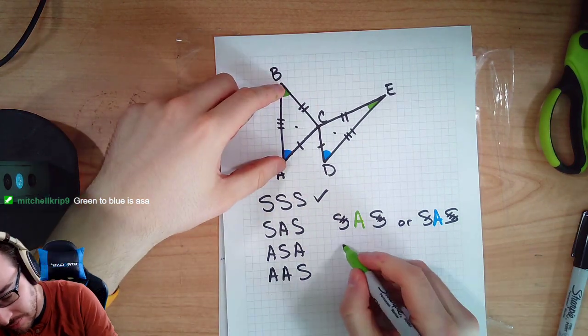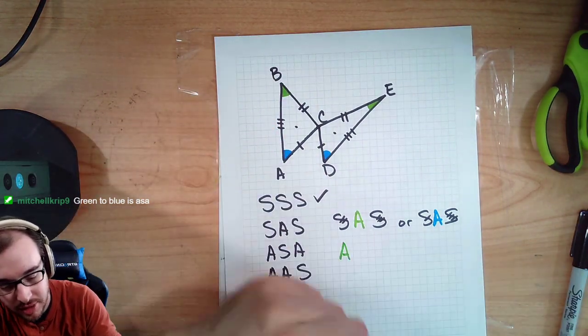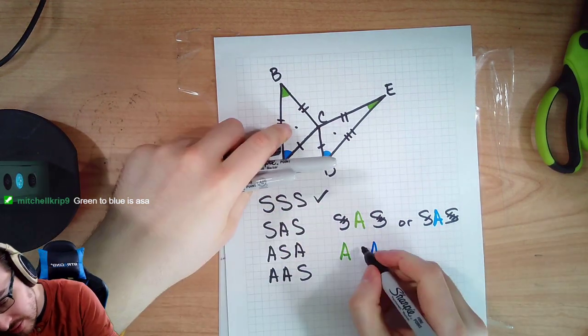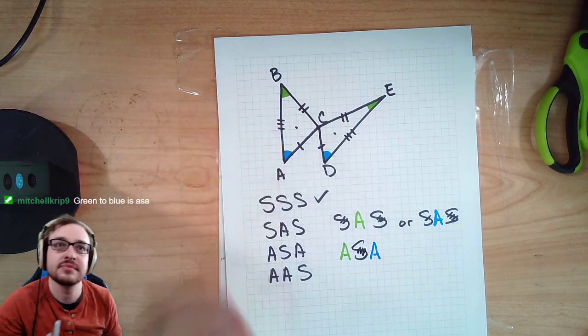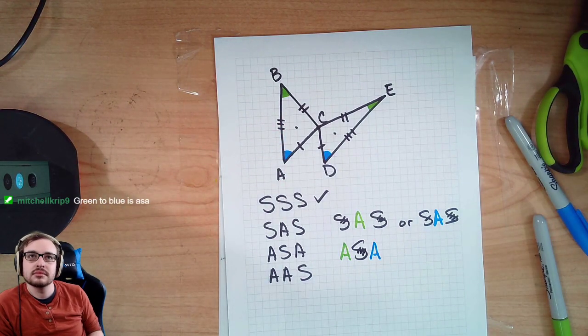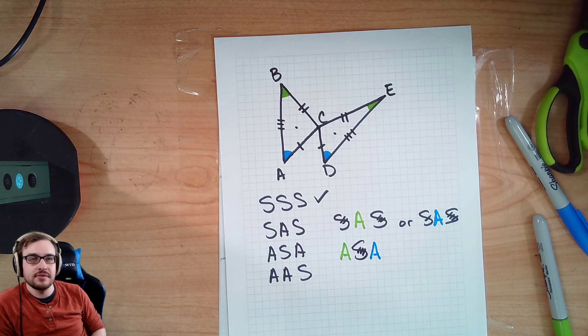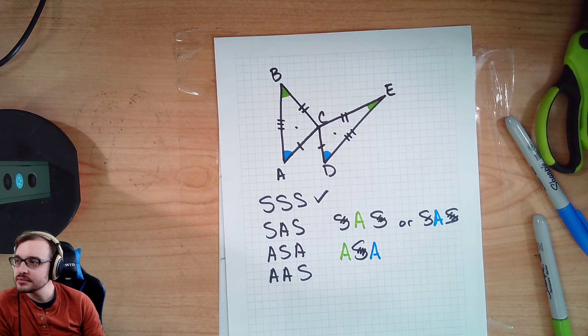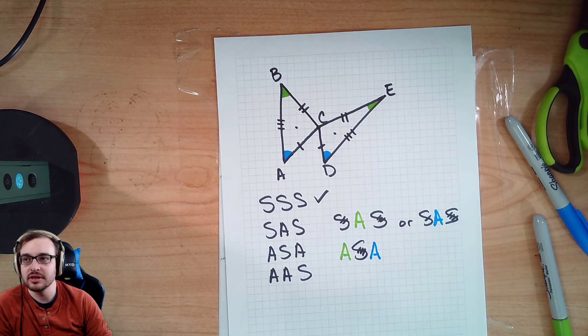So in any order, we can do green to blue or blue to green. I'm not going to write it twice because it's the same thing, just forward and backwards. And that's the 3 side. What about angle, angle side? This one's the one that's kind of hard to see, but it is there. And there's 2 versions of it. It's just because there's so much extra information. It's not usually the way people see it.